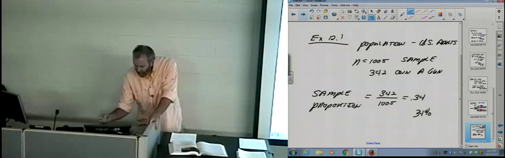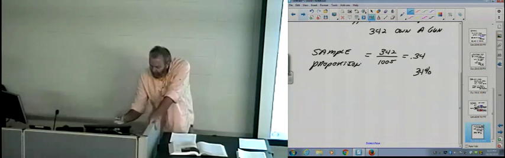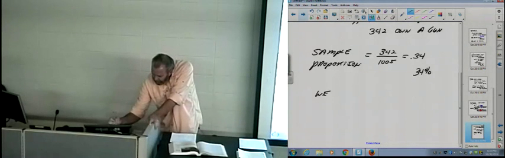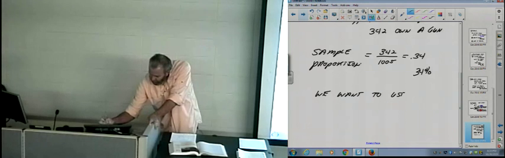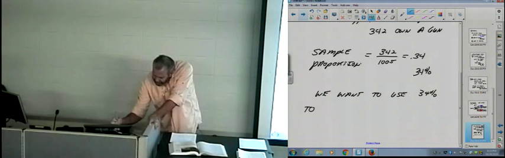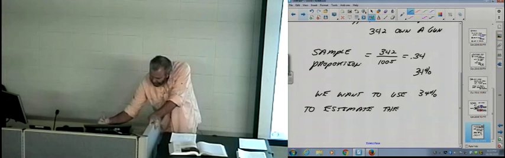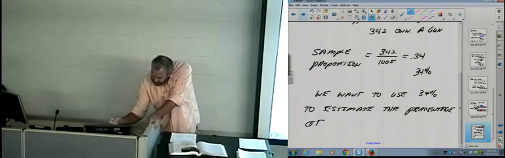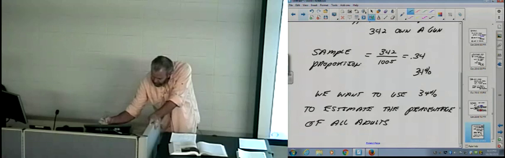So, I'm going to put it in my language. We want to use 34% to estimate the percentage of all adults that own a gun.